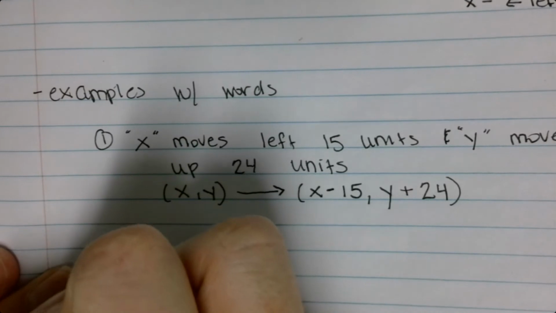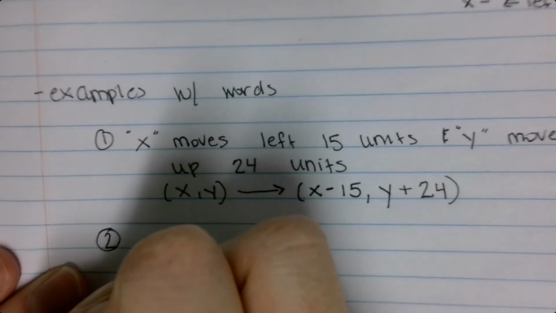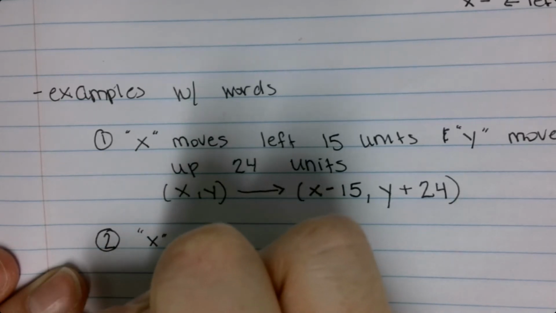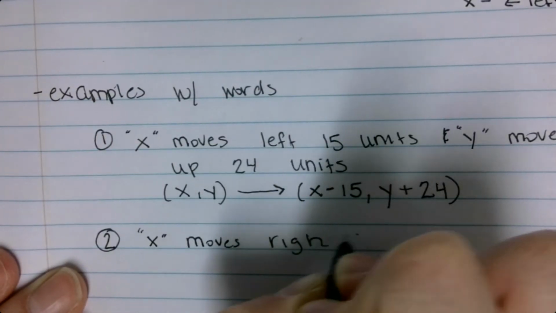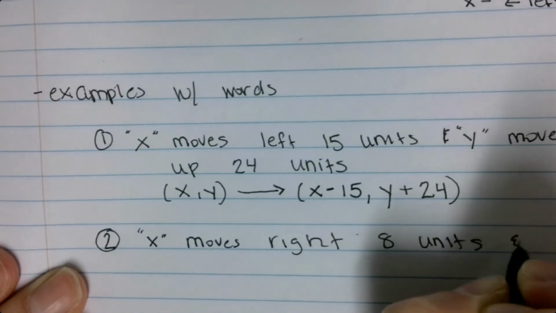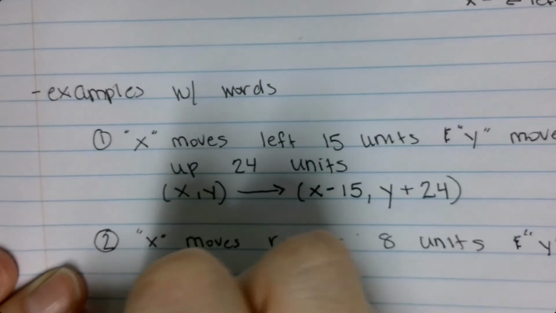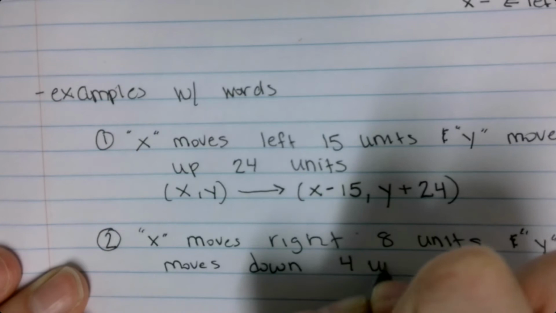Okay. So for number 2, if we are doing X moves right 8 units and Y moves down 4 units.